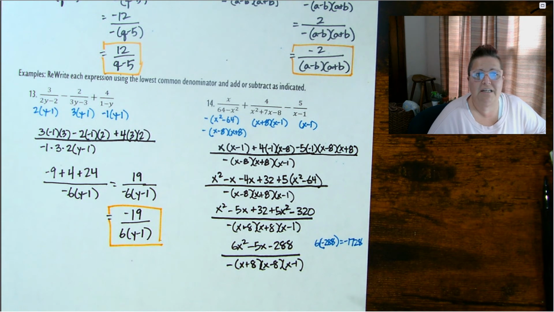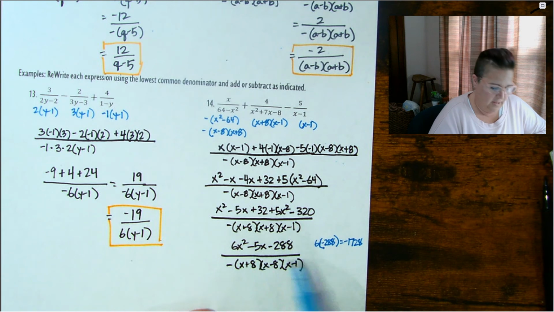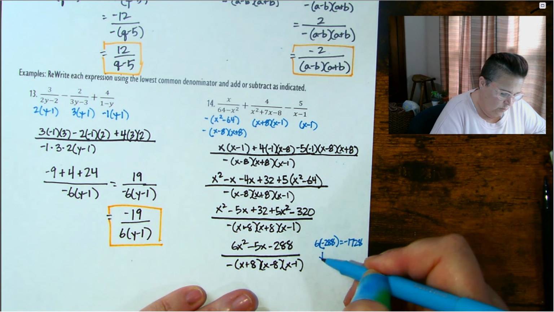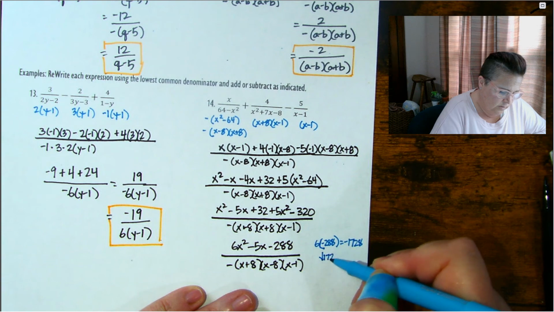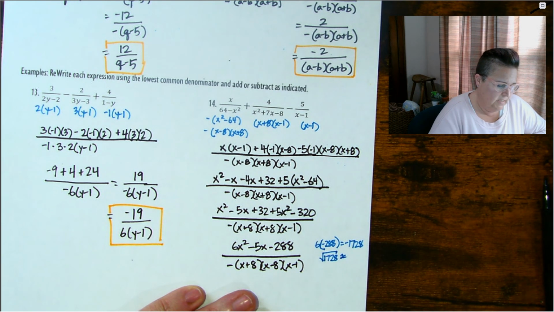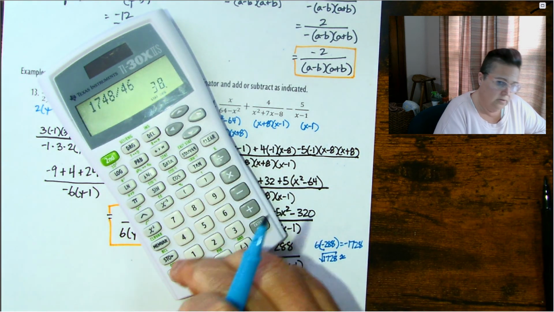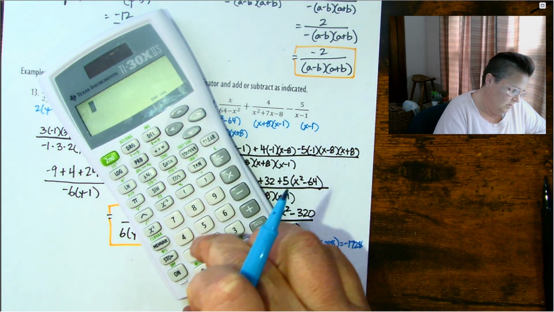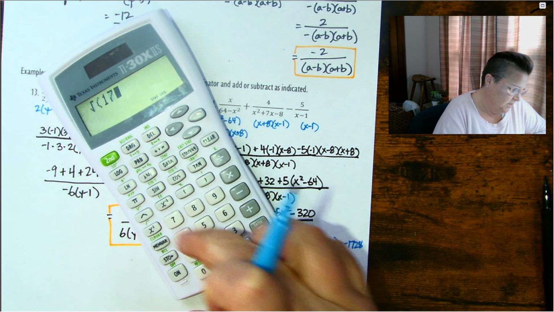So here's a tried and true strategy that I shall give you. When you have very large numbers like a negative 1728, and you only need a difference of negative 5, I look at the square root of 1728.